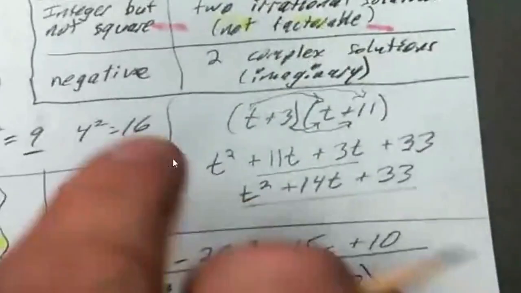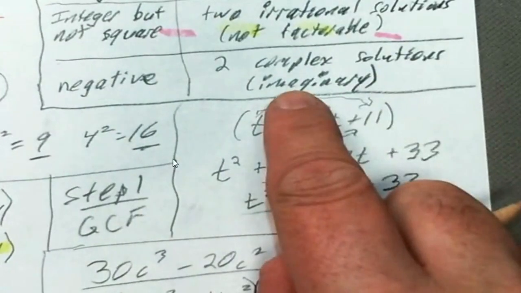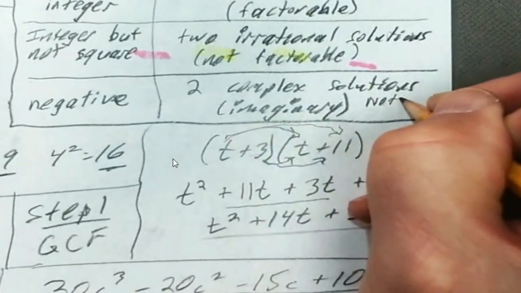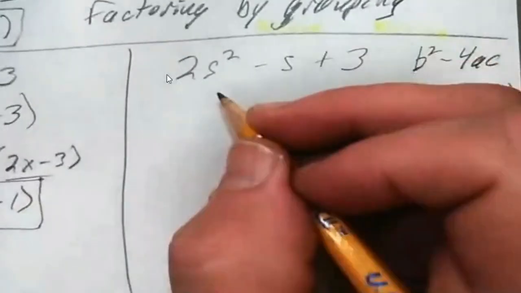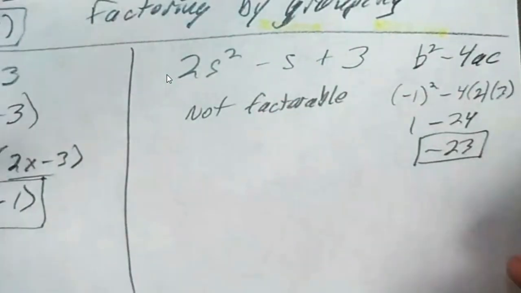What does that say? There's two complex solutions, which means they're imaginary solutions, which means it's not factorable. Not factorable. So not factorable. Put that in our notes.